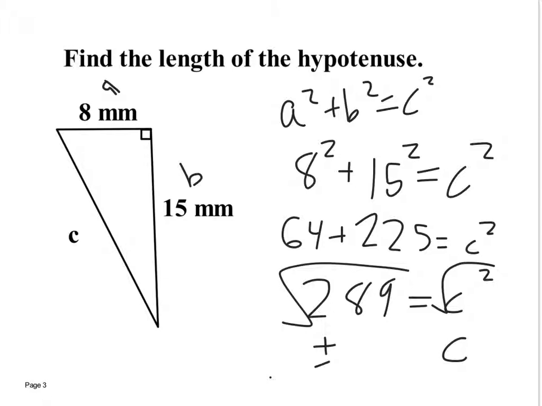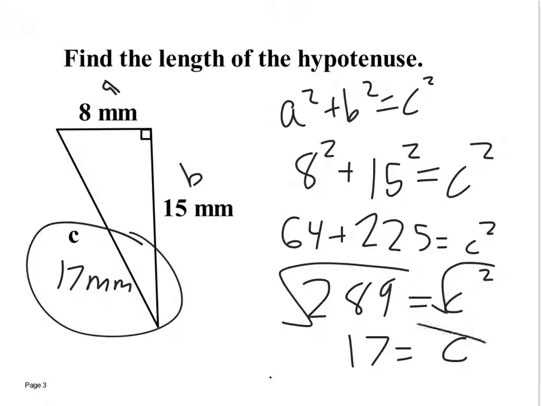But is there any way that the hypotenuse could be negative? Can distance be negative? No. So you don't have to worry about the symbols. You just have to figure out what the square root of 289 is, which is 17. So C is 17 millimeters. And there's your answer.